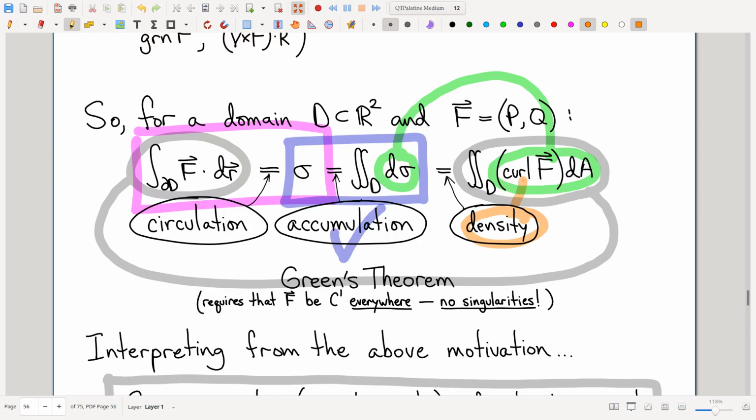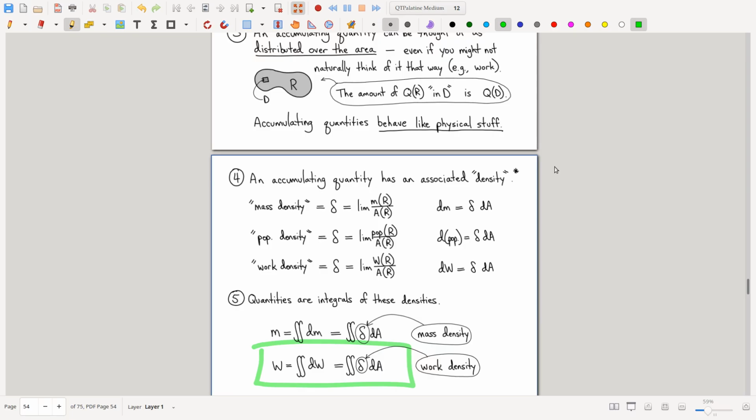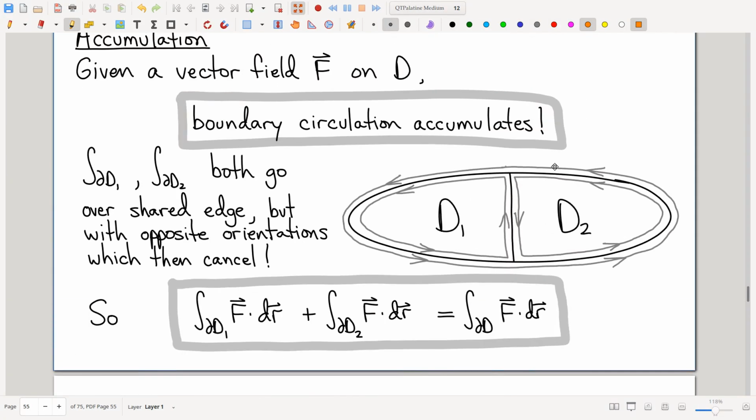Here's where I need to go up and talk about our notation, but this is going to be our density, curl. And so this is how we put it together, and this is Green's theorem. It is literally just this argument. Same argument we did for mass, applied to this different accumulating quantity, boundary circulation.